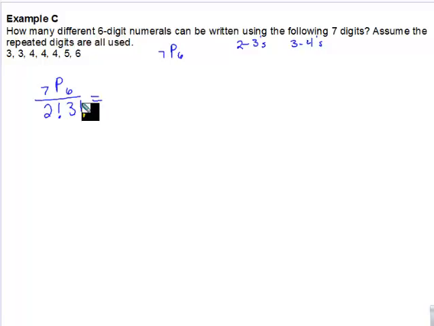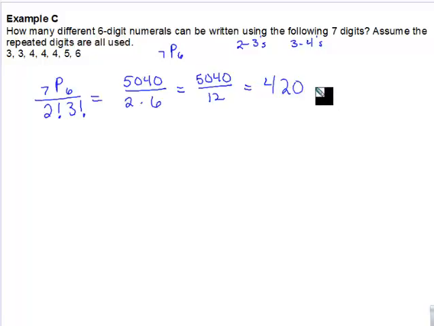I'm going to use my probability function in the calculator. 7P6 is 5040. 2 factorial is 2, 3 factorial is 6. So I'm going to divide that by 12, and there are going to be 420 possible arrangements.